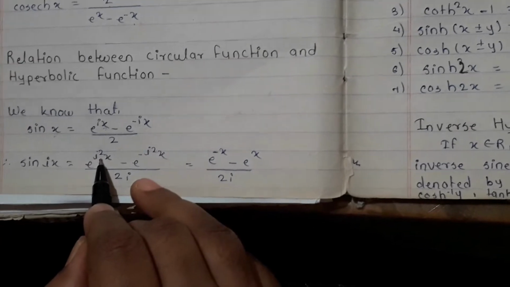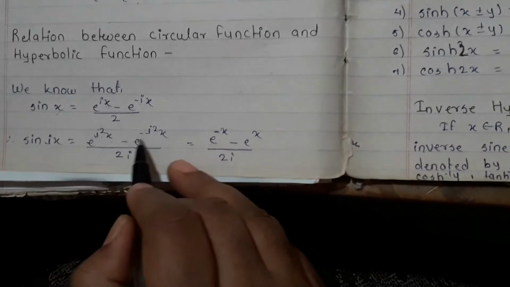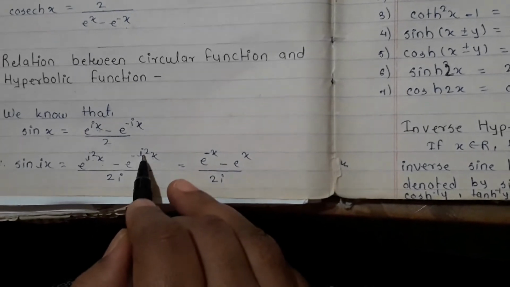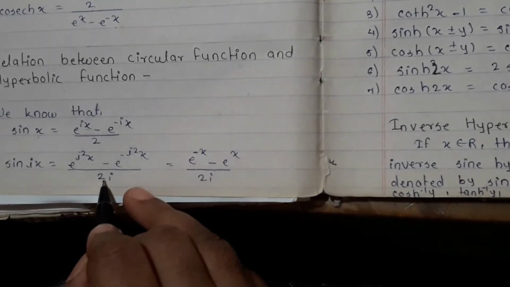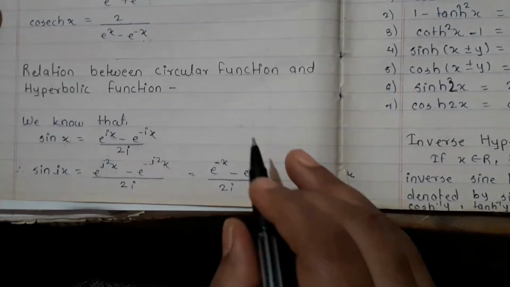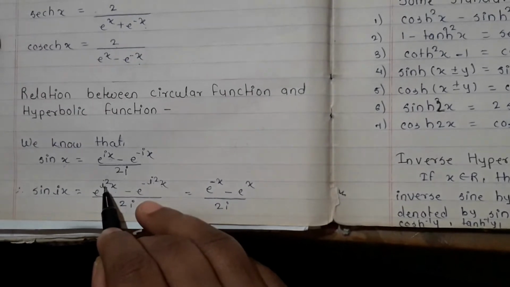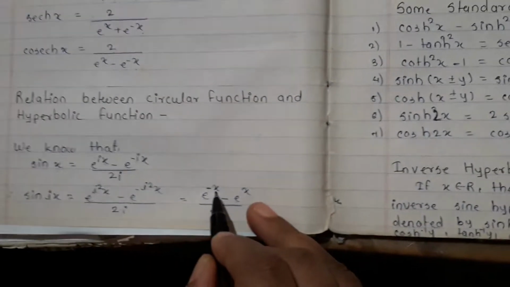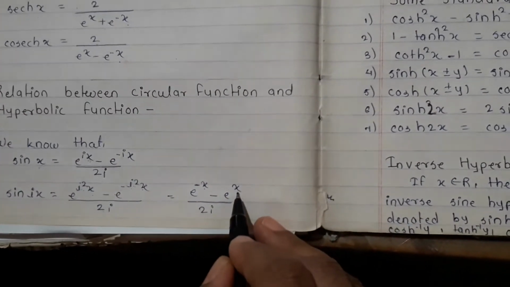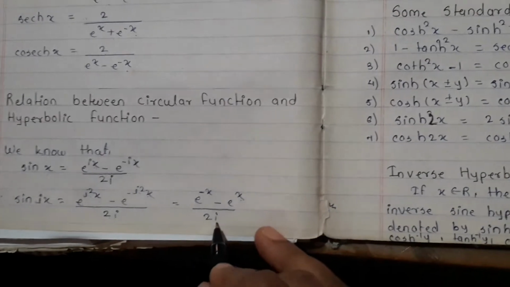So in this way we get sin of ix is equal to e raised to i square x minus e raised to minus i square x, upon 2i. Now i square is nothing but minus 1, so it can be written as e raised to minus x. Here also i square is equal to minus 1, but there is already a minus, so minus minus becomes plus, and it becomes minus e raised to x upon 2i.